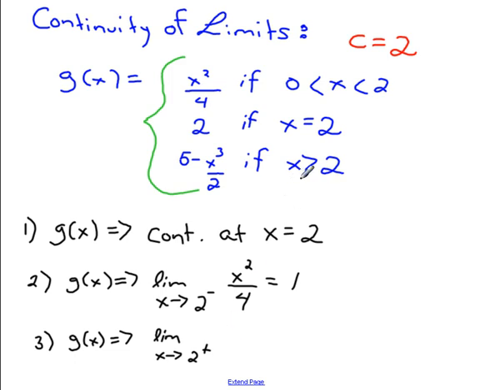You notice this says when x is greater than 2. So 5 minus x cubed over 2. So just plug in your limit and you get 2 cubed, which is 8, over 2, which is 4, 5 minus 4, 1. So essentially we're ready to conclude.